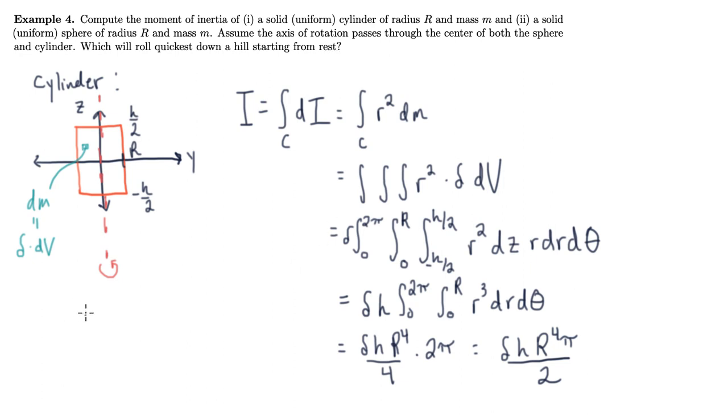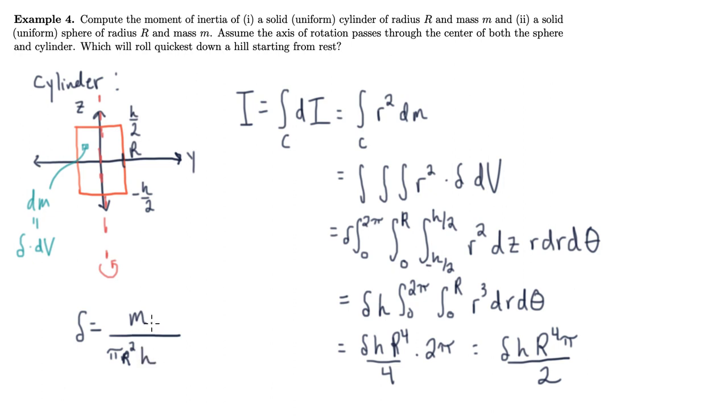So recall that the mass is the density times the volume, which means that the density delta is just the mass divided by the volume of a cylinder. Well, what's the volume of a cylinder? It's pi capital R squared h.